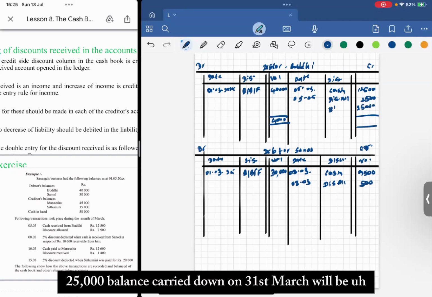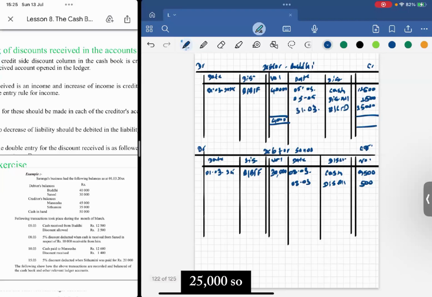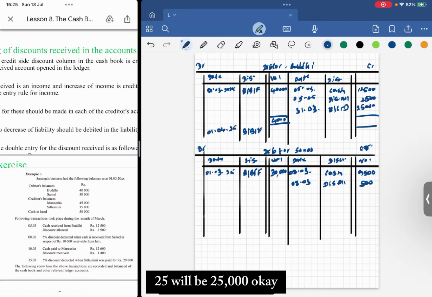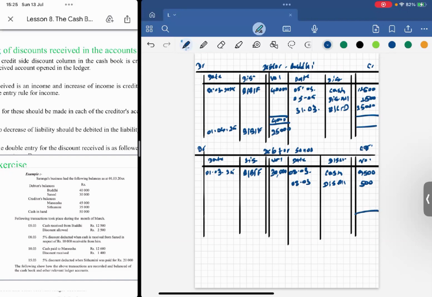Balance carried down on 31st March will be 25,000. So balance brought forward on 1st April will be 25,000. Okay.